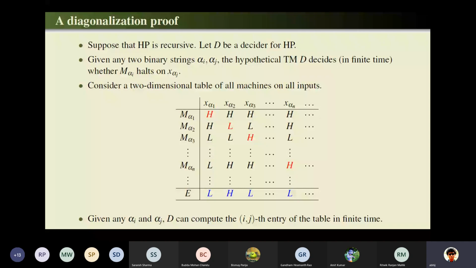So I am now going to design a Turing machine E, which on input X alpha 1 loops, on X alpha 2 halts, on X alpha 3 loops, and so on, provided this is the behavior of the other machines. So I will now use D to generate a Turing machine E.